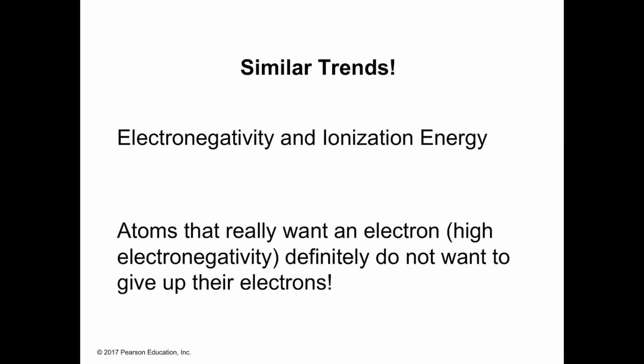The higher that electronegativity, right, the more they're trying to get electrons, the less willing they are to give up their electrons. Okay, the better able that they are to pull those electrons toward the nucleus means that they are being held more tightly to the nucleus, which means it's going to cause a higher ionization energy. So they're not going to be able to give up their electrons that easily.